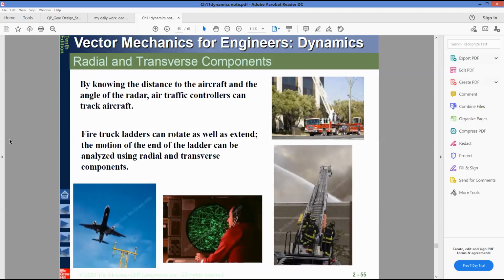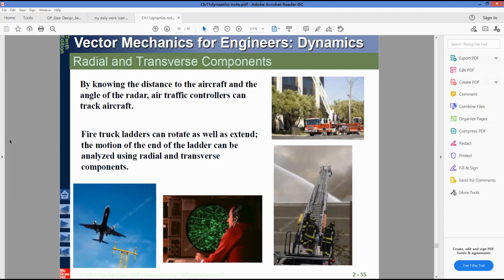Now, the previous one was the tangential and normal components, which we can say is applicable for any curved path. Now, there is another technique or coordinate system, that is the radial and transverse coordinate system or components. So here, by knowing the distance to the aircraft and the angle of the radar, an air traffic controller can track the aircraft.